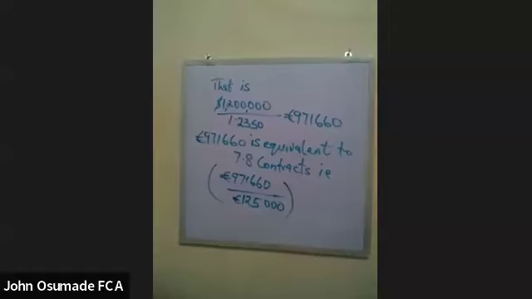Now, if you look at what I'm saying, 1.2 million US dollar divided by 1.2350 dollar to 1 euro will give us 971,660 euro, just like I have it on the board.